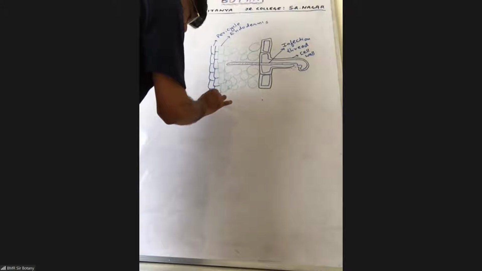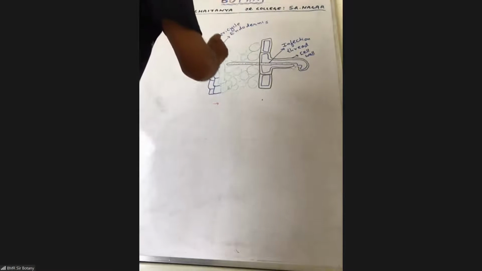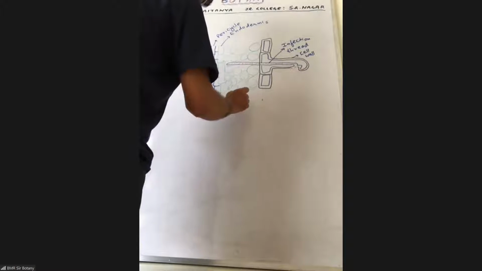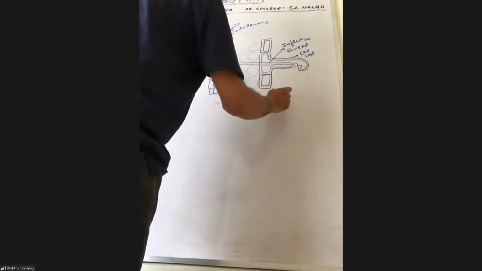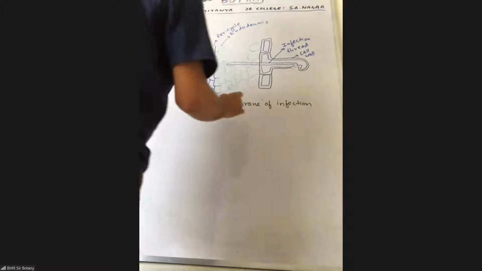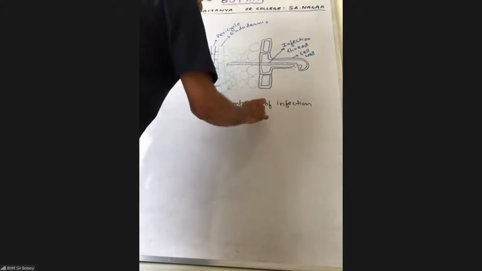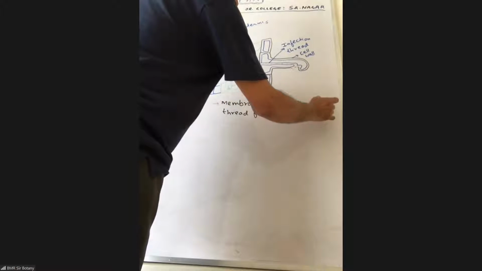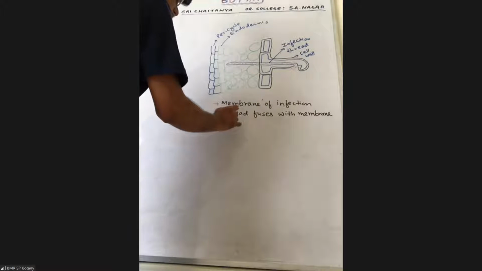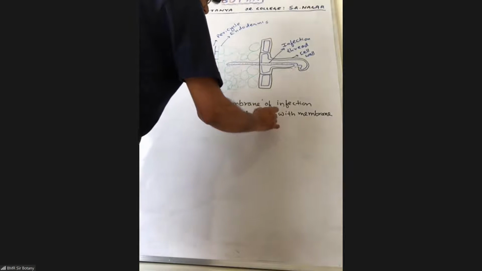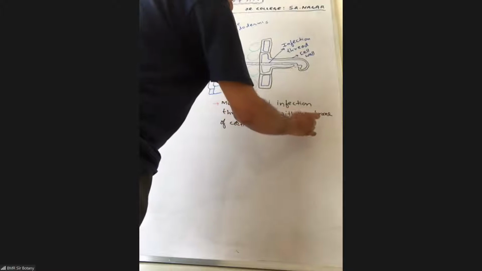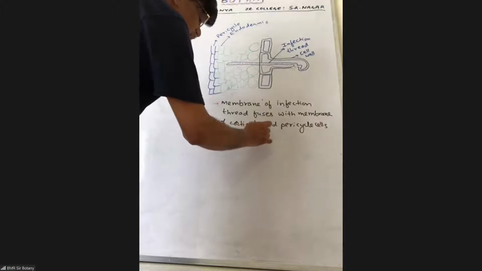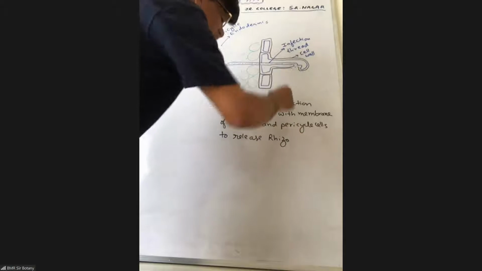The membrane of the infection thread establishes contact with the membrane of cortical cells and fuses with the membrane of cortical and pericycle cells, both, Nana, to release rhizobium bacteria into the cells.